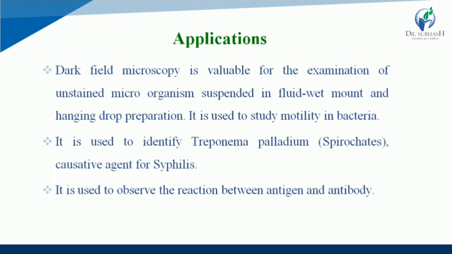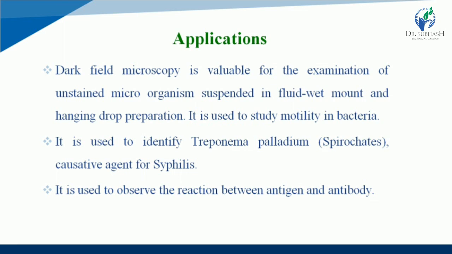Applications. Dark field microscopy is valuable for the examination of unstained microorganisms suspended in fluid, wet mount and hanging drop preparation, and it is used to study motility in bacteria.